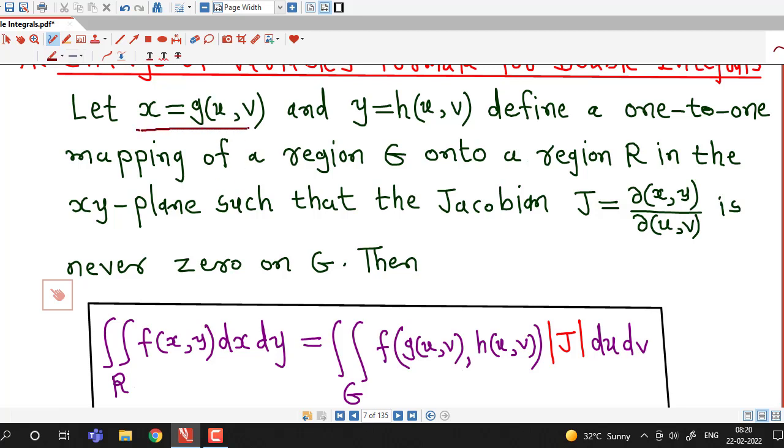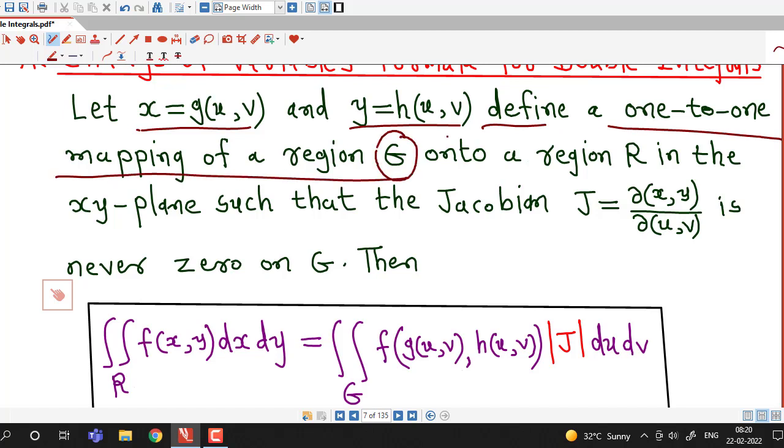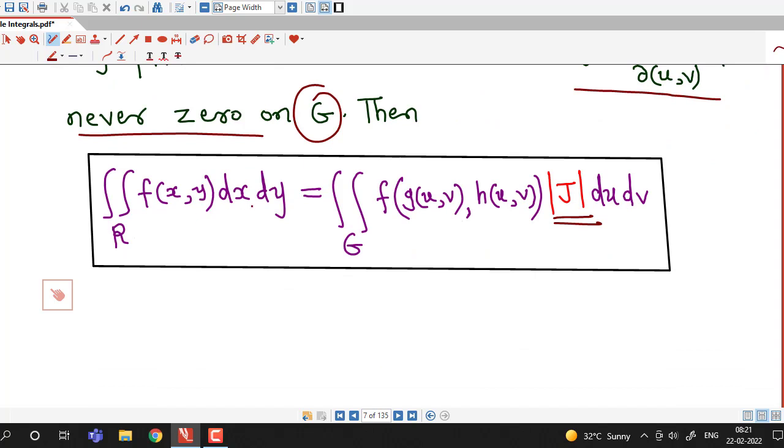Let x be a function of u and v, y be another function of u and v. Suppose this transformation defines a one-to-one mapping of a region G onto a region R in the xy plane such that the Jacobian of x, y with respect to u, v is never 0 on G. This quantity is never 0 on this region G. Then the double integral of f(x, y) dx dy over R is equal to the double integral of f of g of u, v, h of u, v.